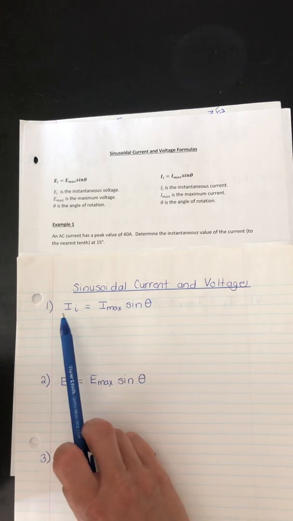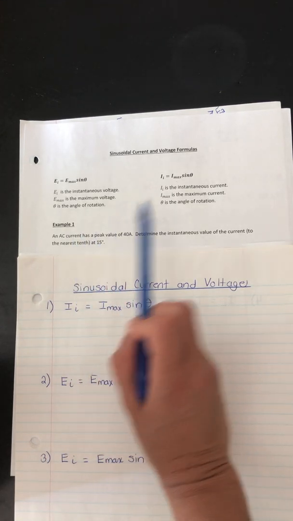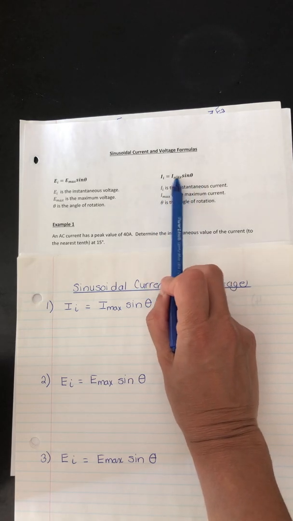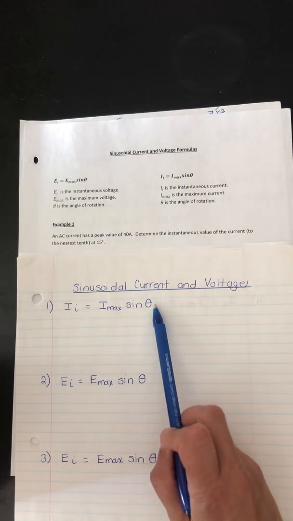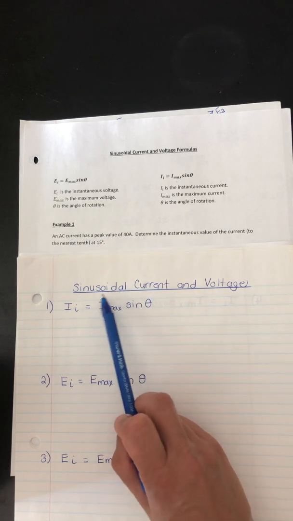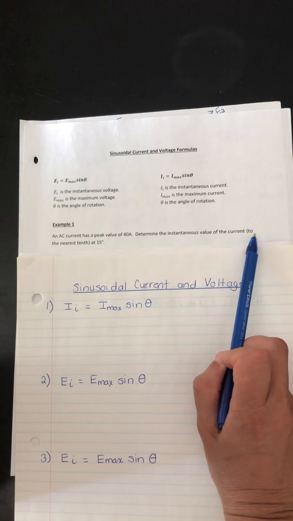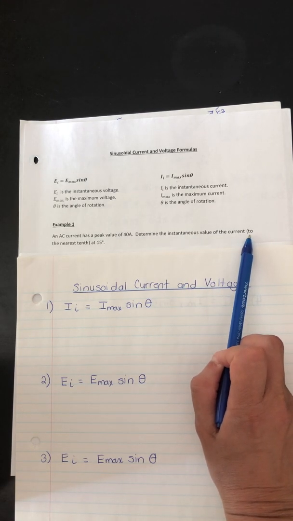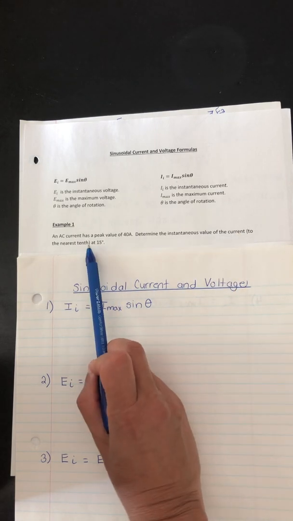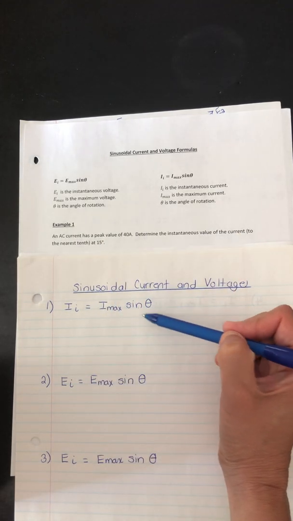As soon as I saw current here, I wrote out this formula here. Okay, and now it says the peak value is 40 amps, so that would be right here in the equation. Determine the instantaneous value of the current to the nearest tenth at 15 degrees. So 15 degrees is the angle.